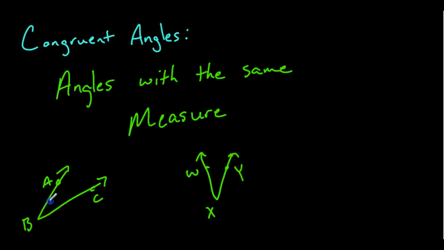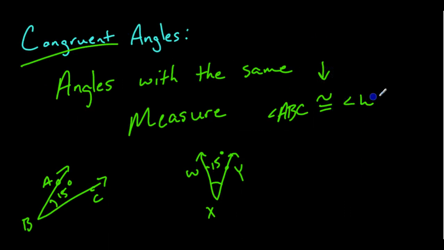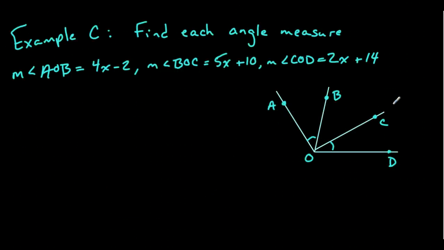As long as they're both the same measure, let's say that's about 15 degrees, and that's also 15 degrees, then they are congruent. So angle ABC is congruent to, remember that sign, congruent means equals, angle WXY. They're both 15 degrees.